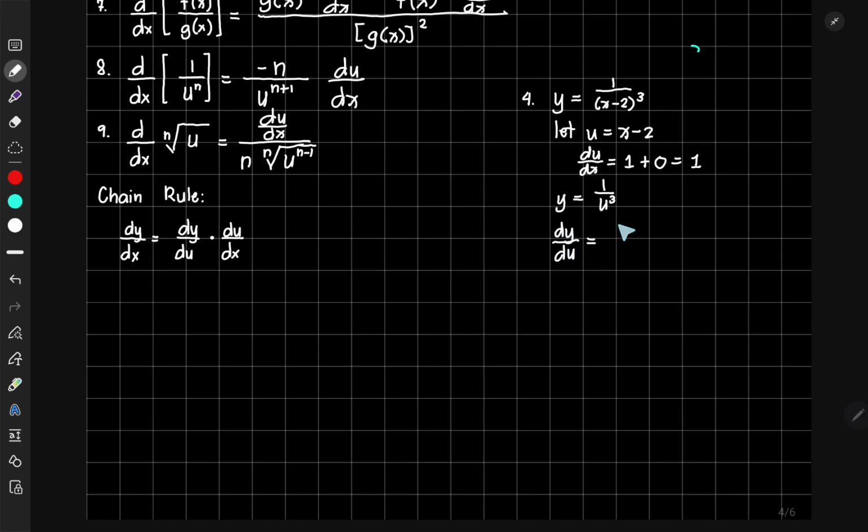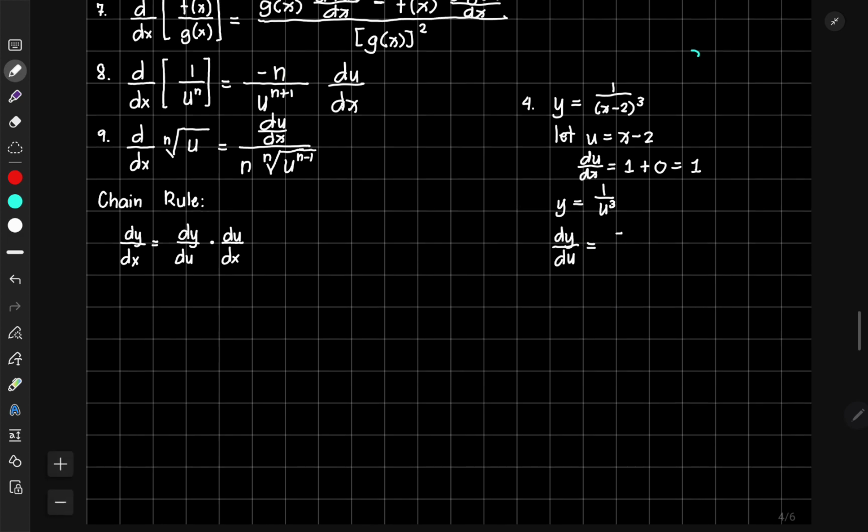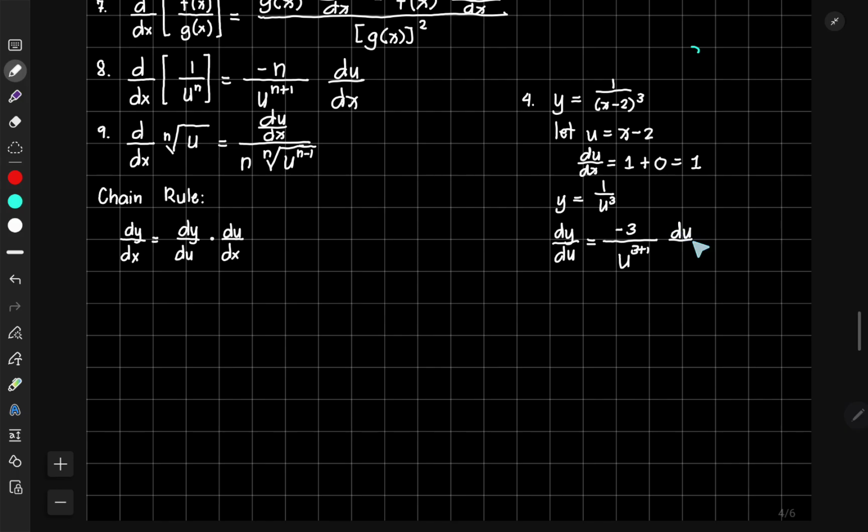This is equal to the negative of n, which is negative 3, all over our u raised to 3 plus 1. So this is n plus 1. So 3 plus 1. But since our variable, what we are differentiating with respect to u, that would be du over du. So this is equal to 1. So it's just the identity rule.